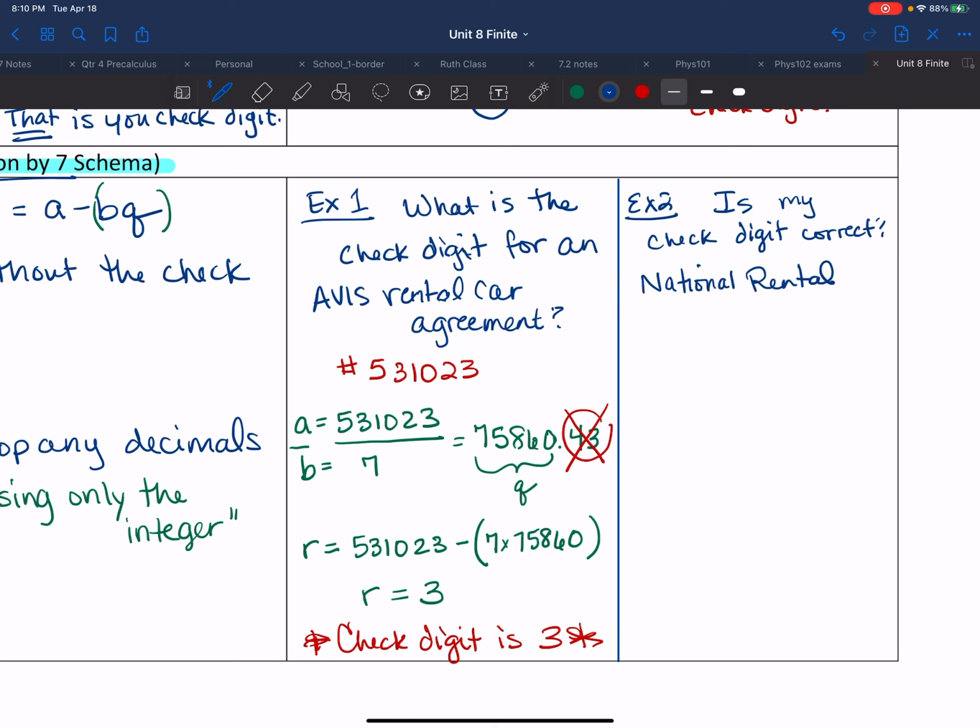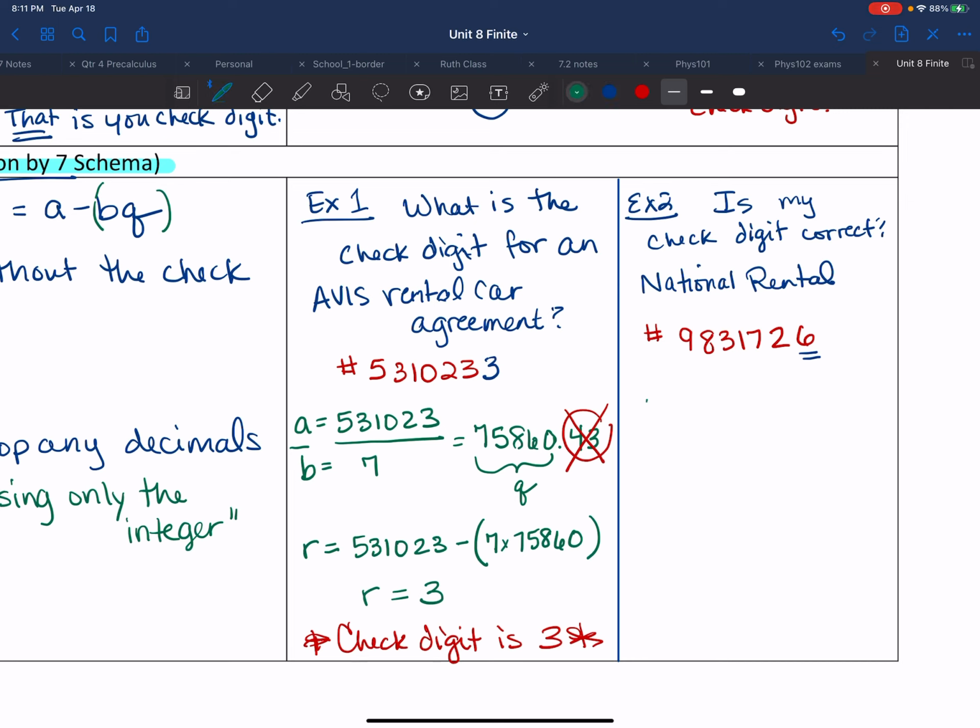Now the first one asked me what is the check digit? I didn't have one listed there, right? So technically that check digit would go here as a 3. Well, on this one, I'm asking you if the check digit is correct. So I'm giving you the number 9831726, and this last one is my check digit.